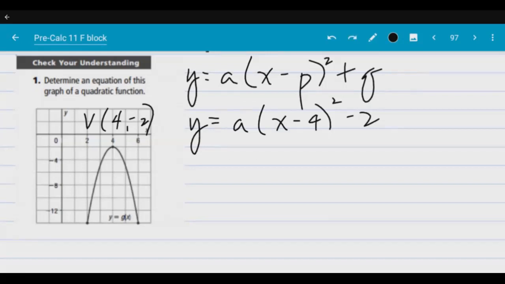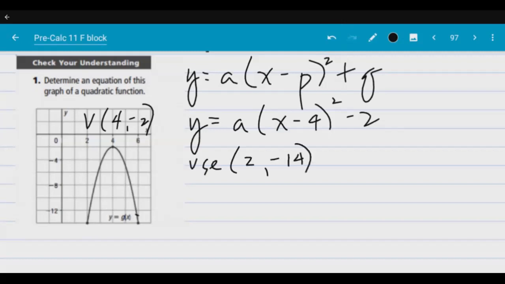And the trick here is this. You will have to choose a point on the parabola, anywhere on the parabola. The way I do it, I always choose one that is easy to determine, so I'm not guessing. I would choose this one because it is (2, -14). So I will use the point (2, -14).